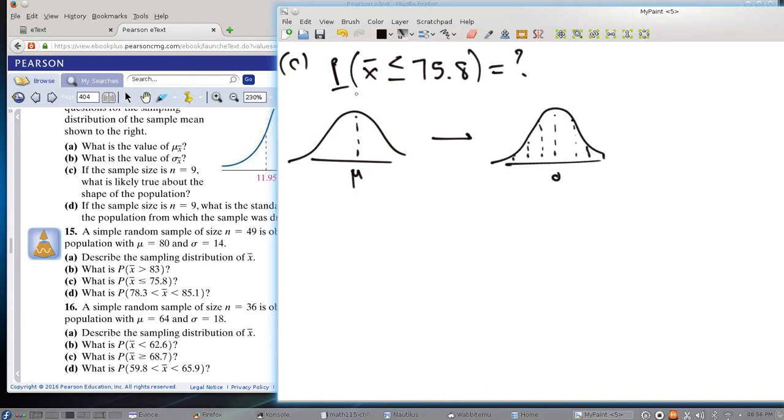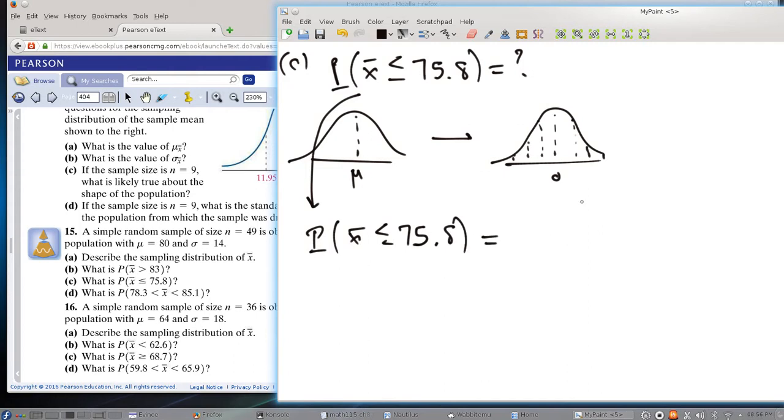So what we need to do then is convert this using the z score, or what we call the standard error equation. Now we want to re-express this in the z value. I'm going to do this quickly.